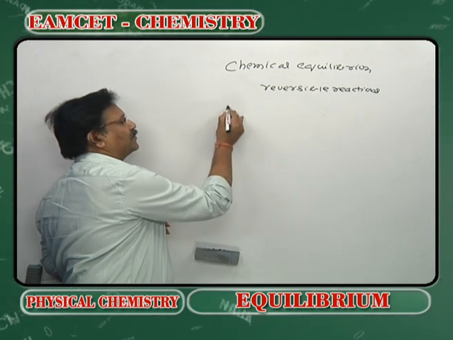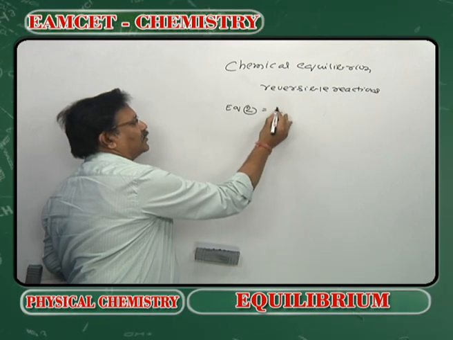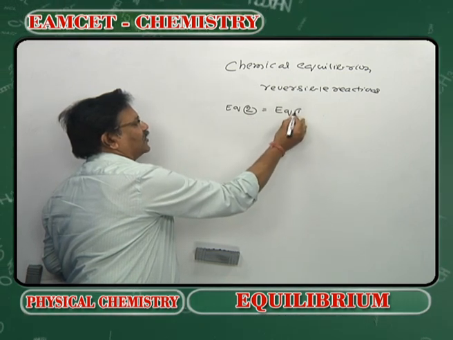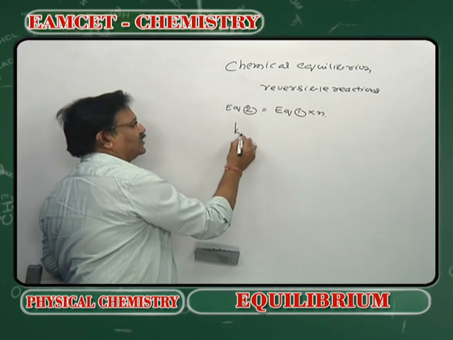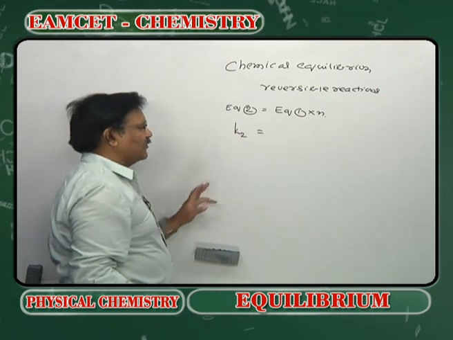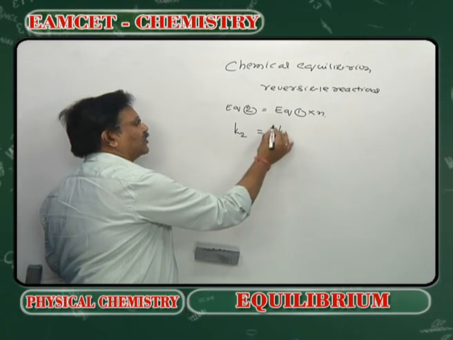Suppose a new equilibrium is produced, if equation 2 is equal to equation 1 multiplied by n, then what will be the equilibrium constant for the new equation? K2 will be equal to K1 to the power of n.